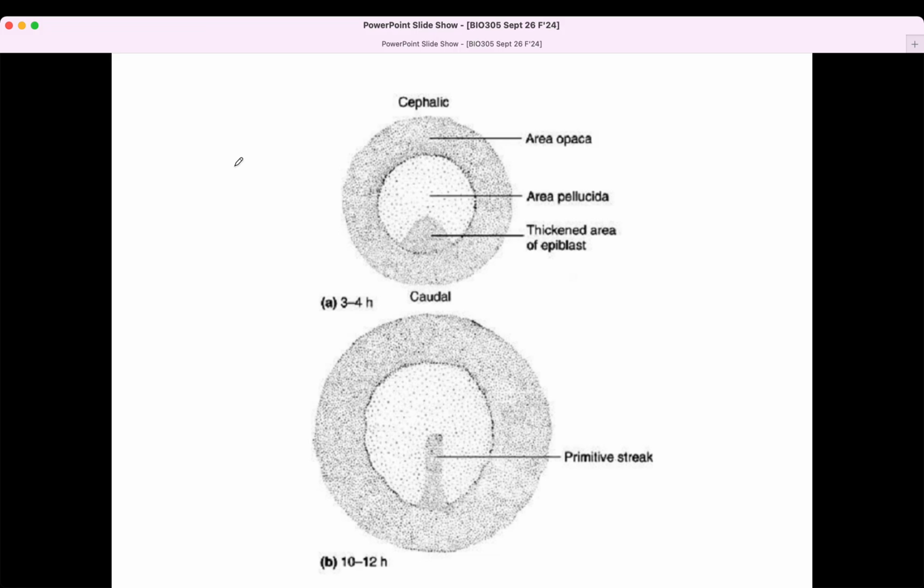Because the primitive streak forms and appears to migrate out, you see smoothness, and then it starts to form a dent, and the dent progresses out, not quite halfway across. So we're looking down, and we're seeing that early development. Right about the time the chicken lays the egg, that's what's happening inside the eggshell.